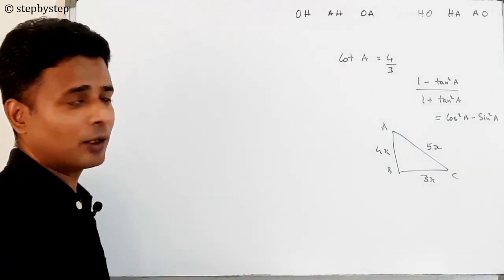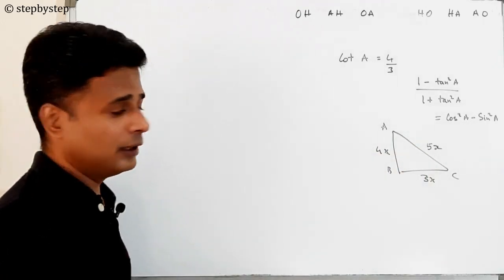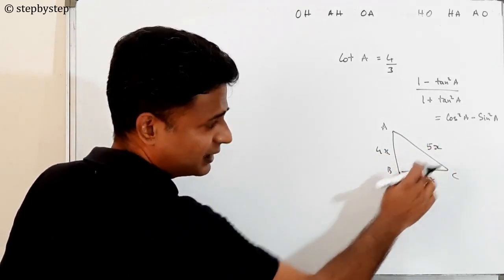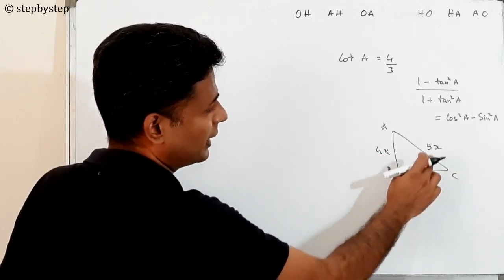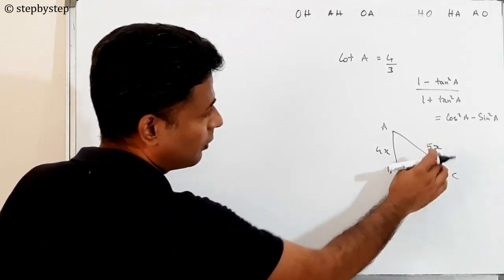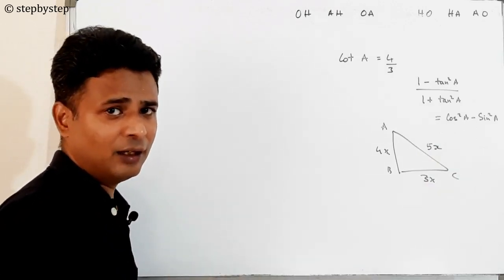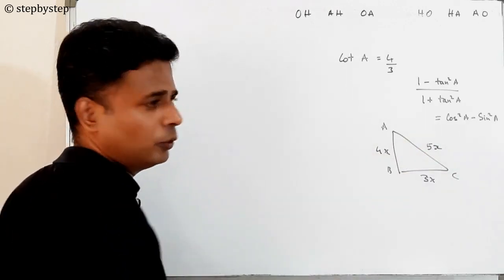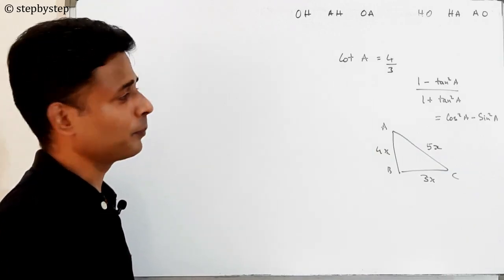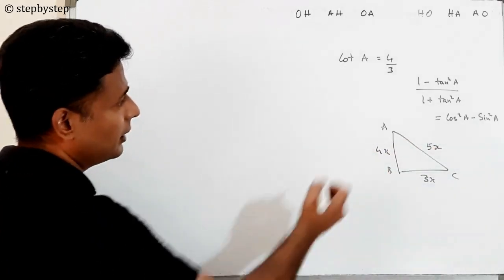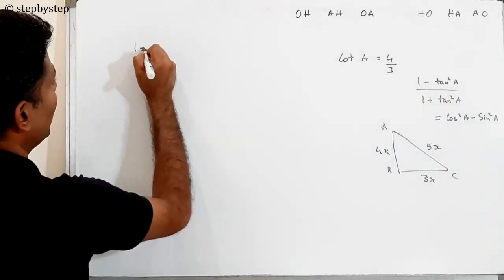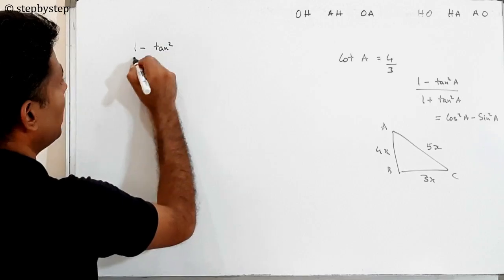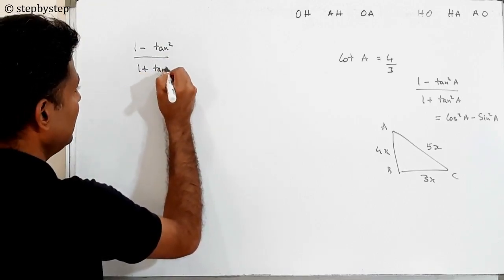So we got all three sides. This square plus this square equal to this square; when you do this square plus this square, you'll get something, then root of that will be equal to AC. So that's how we get 5x. I hope I don't have to show you how to get that side now.